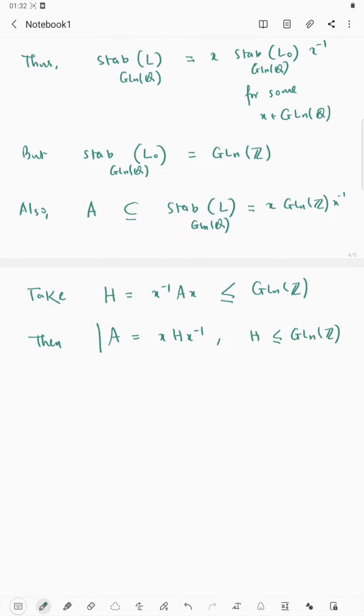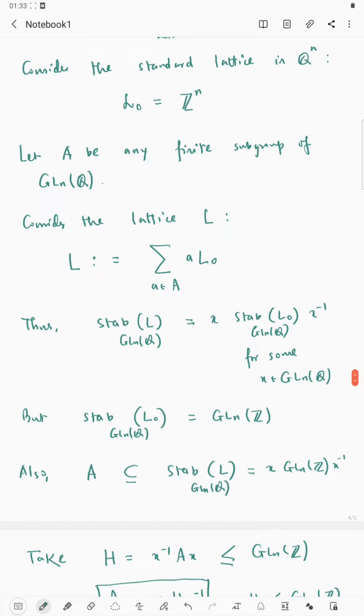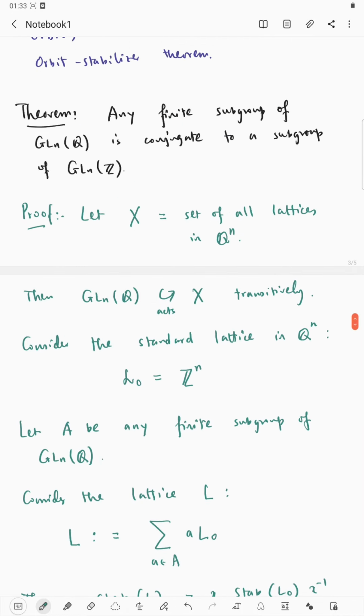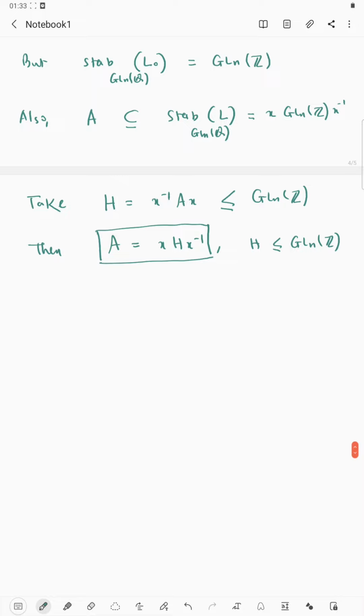Okay, so we have proved that any finite subgroup of GL_n(Q) is conjugate to a subgroup of GL_n(Z). So in fact we have a more precise result.